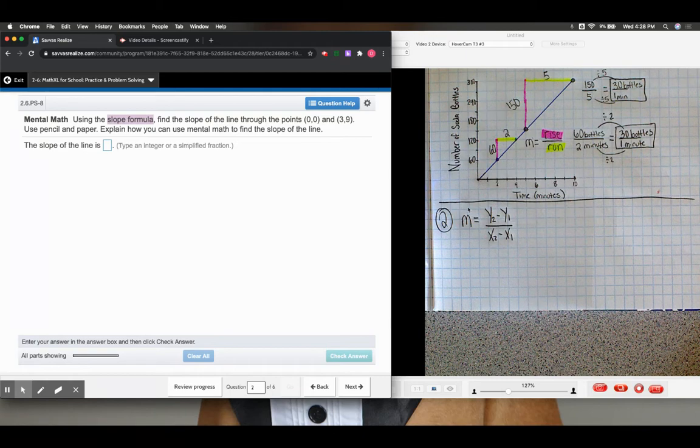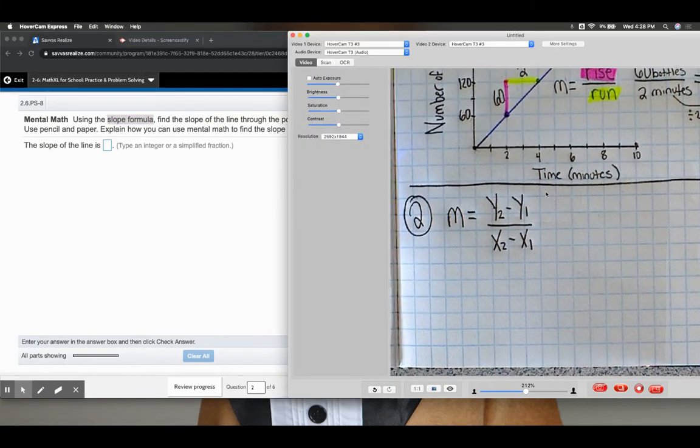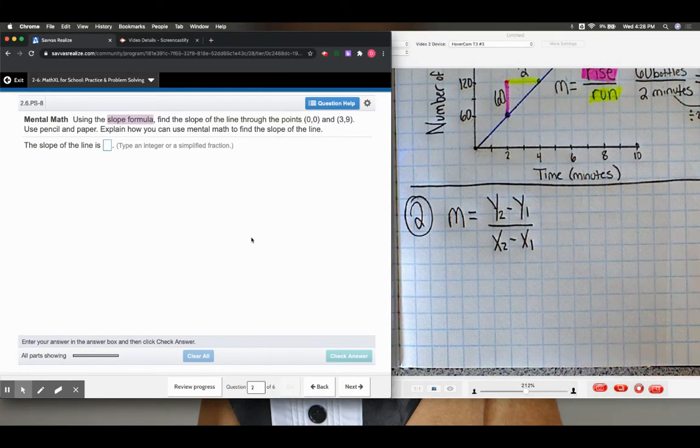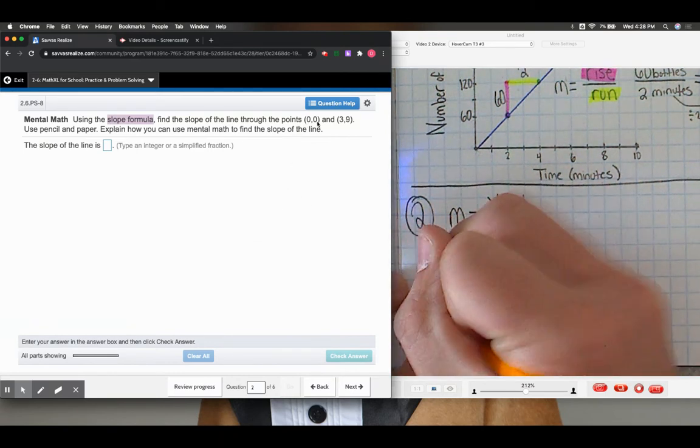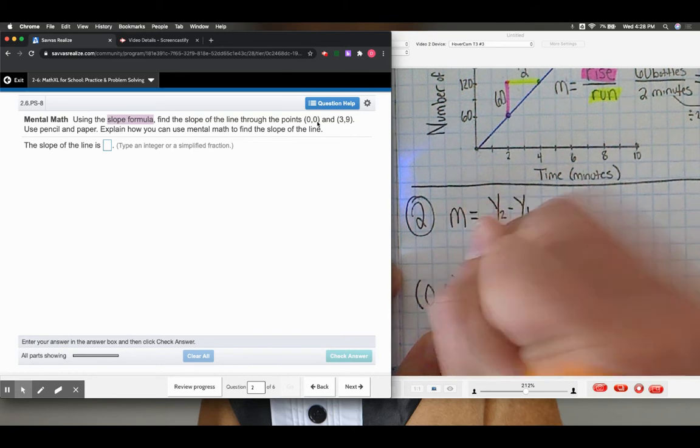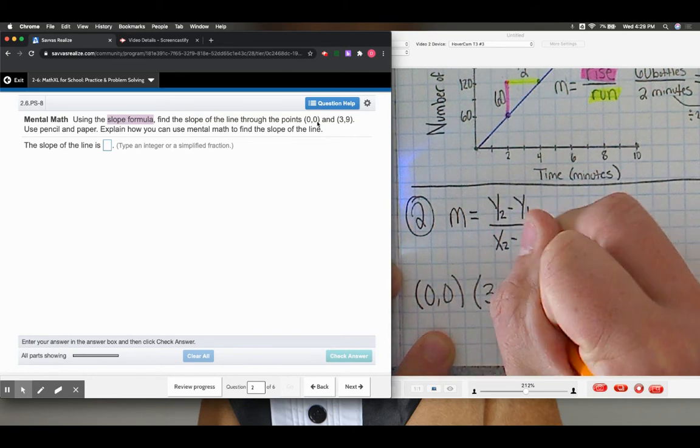Okay, so let's do a little zoom in. I need to see this. In the problem, they give us 2 coordinate points. They give us 0, 0, and they give us 3, 9.